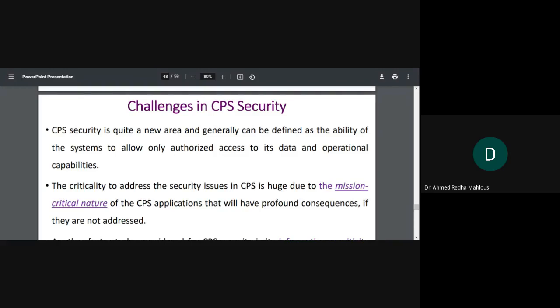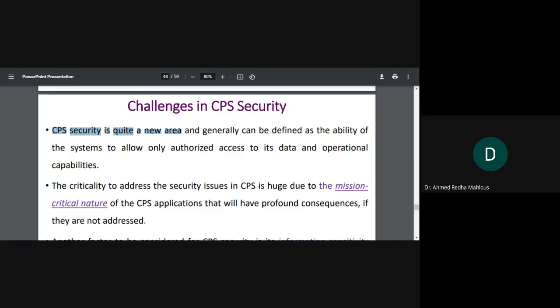First, because CPS security is a new area. Because of its newness, any effort related to CPS security is usually based on existing solutions from existing fields.